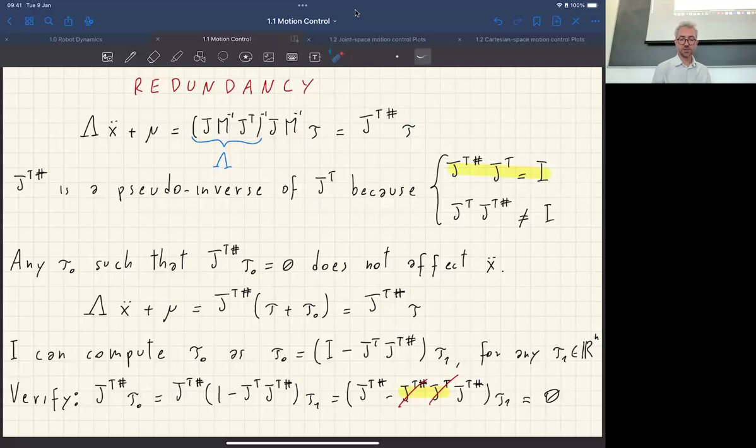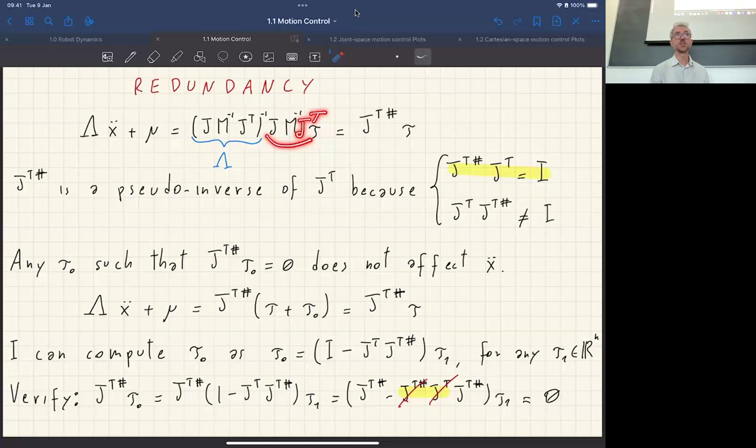Why can I say that? Because if you take this matrix and you multiply it on the left times J transpose, you get the identity. And that should be pretty obvious. Why? Because if you place J transpose and you add it there, you get the identity as a result, because you're multiplying two matrices, one of which is the inverse of the other. So this part here is the inverse of the second part if you add J transpose there.